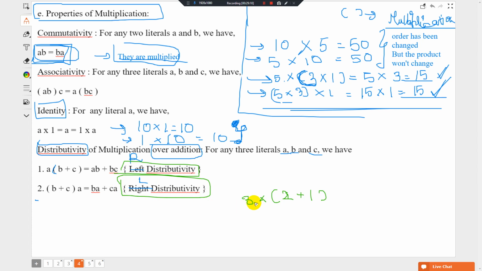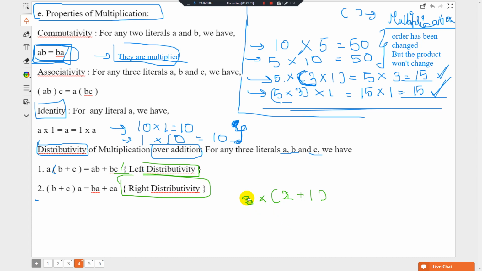See, that means that, how do we decide the distributivity side? See, first is left distributivity.